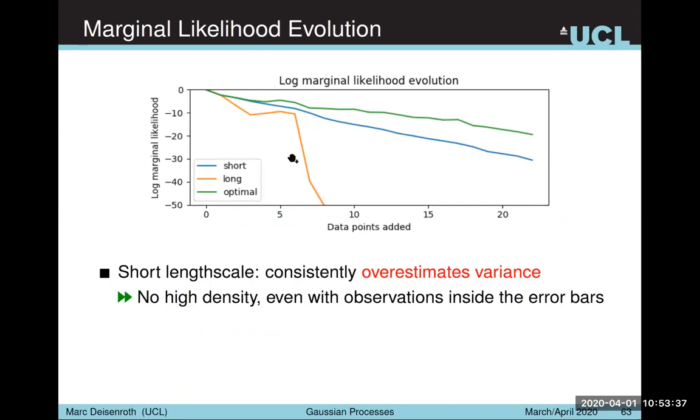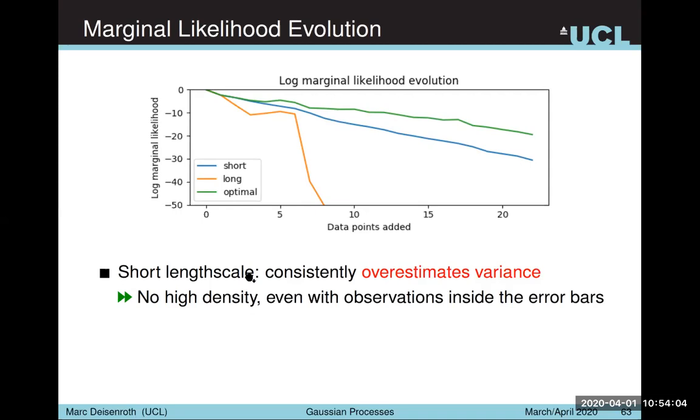That's a really bad sign. And the short length scale will also go down, or will be significantly different from the optimal length scale. So even from the sequential prediction, we would find the optimal length scale very clearly if we look at the trace plot of the marginal likelihood values.